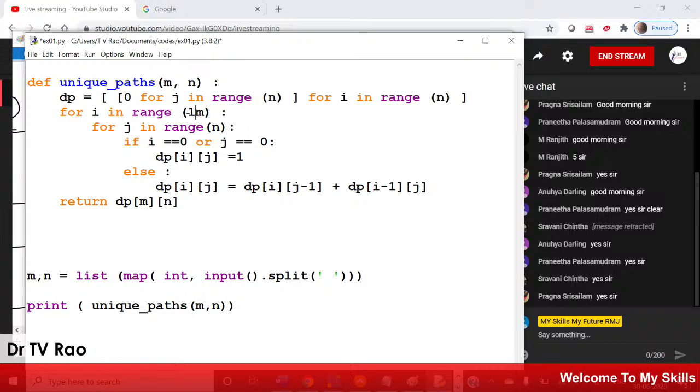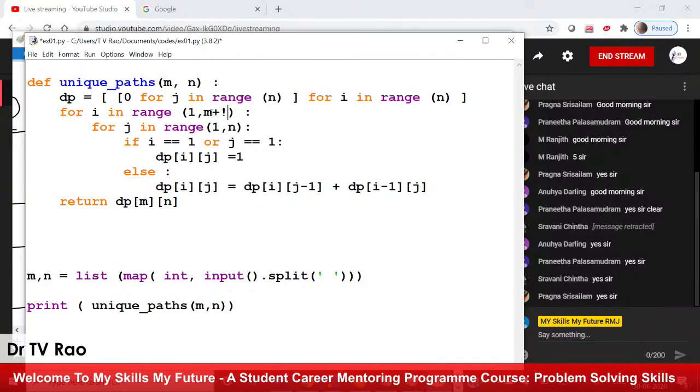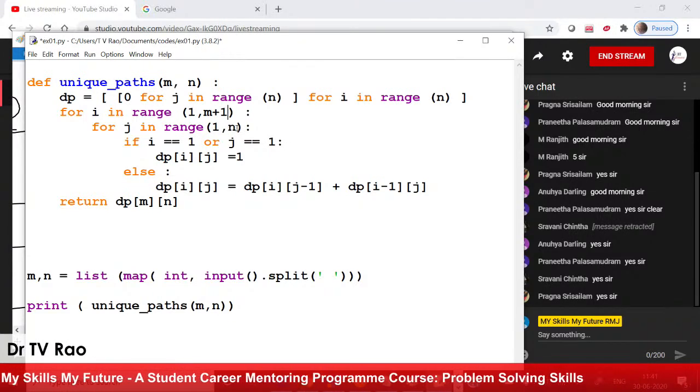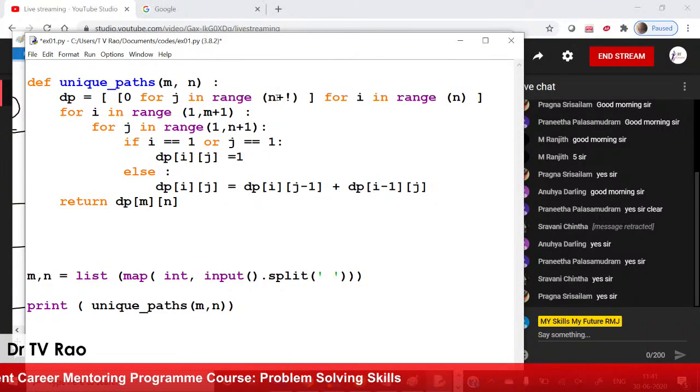Now if you don't want m minus 1, n minus 1, if you want m, n, then you start from 1. This is row 1, this is column 1. Make it m plus 1, make it n plus 1. So close to real life values. Is this clear?